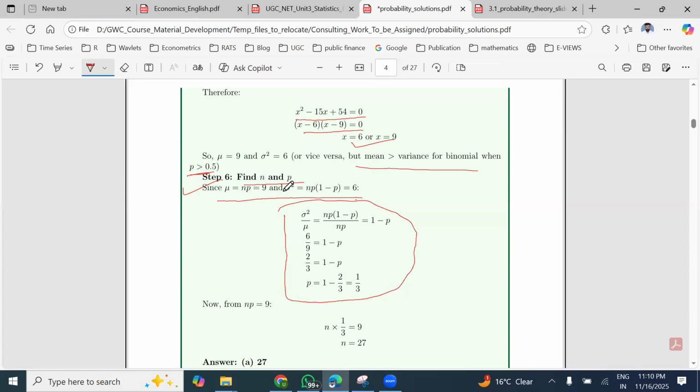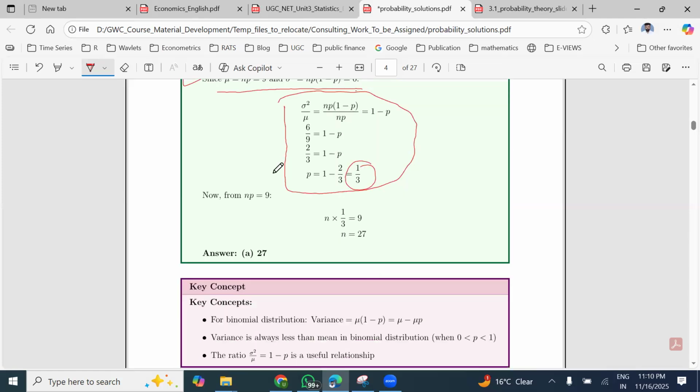Because I have already got these values, I will straight away put them in and get this ratio. Then from there I write n into 1 upon 3 is equal to 9, so n will be equal to 27.